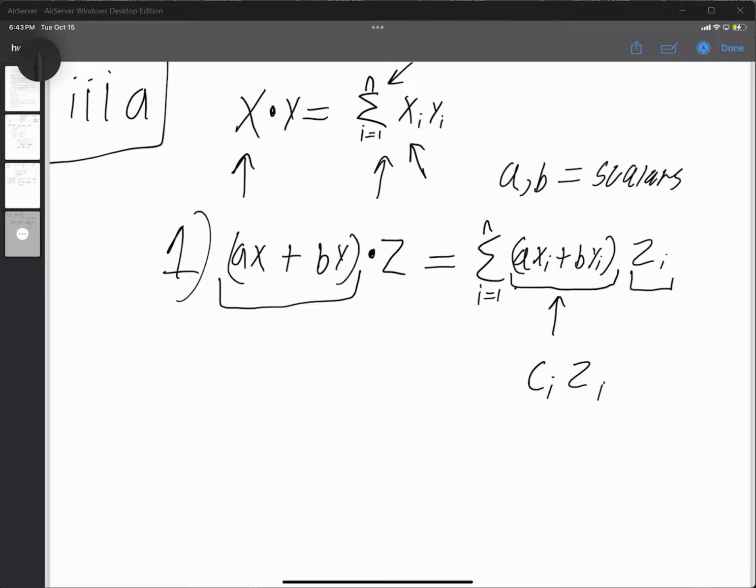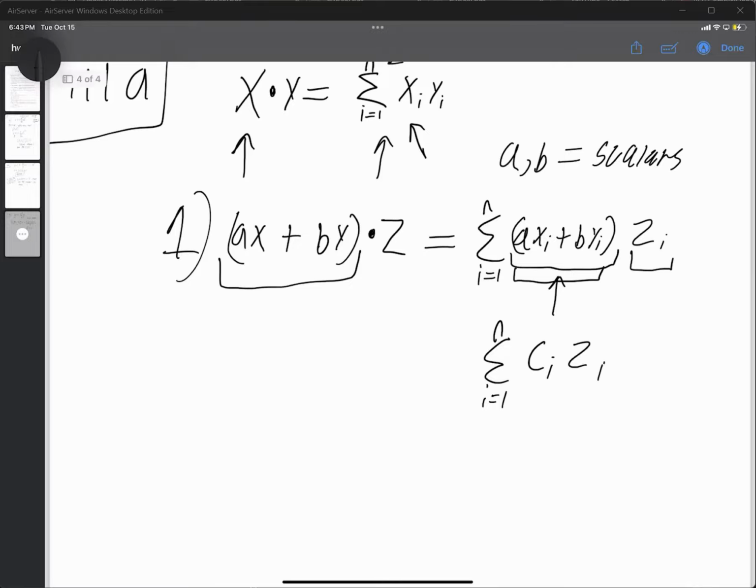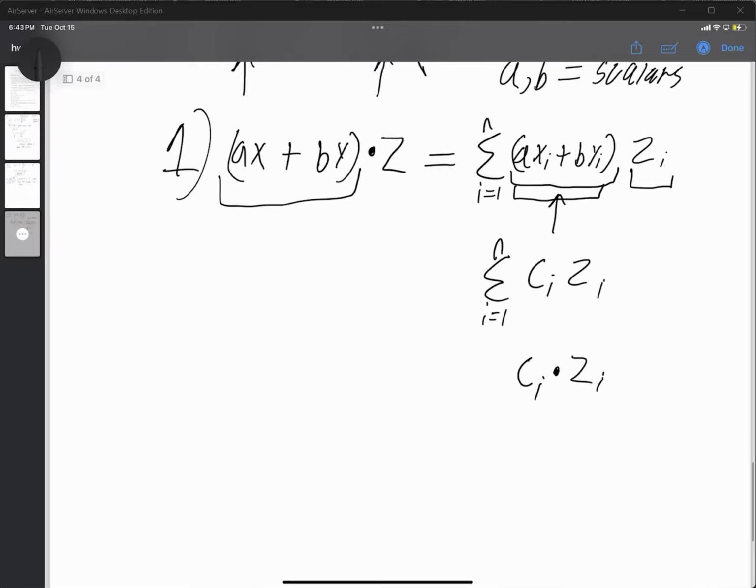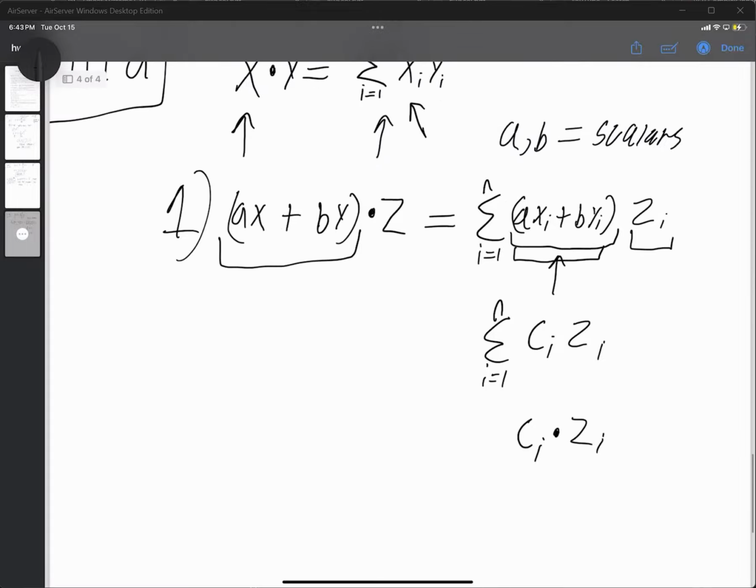Like I said, summation of two vectors can be replaced as such. Let me actually write the declaration down: AXI plus BYI equals CI, right?